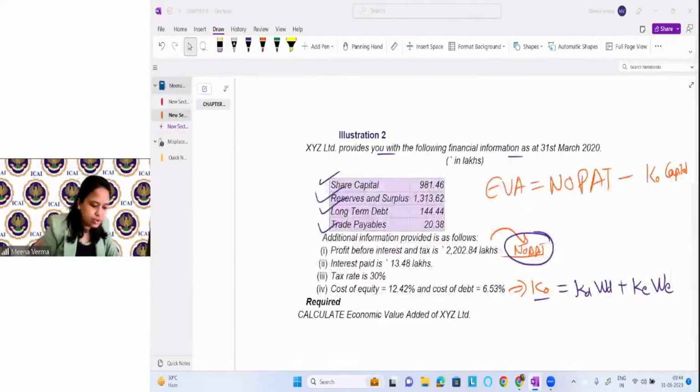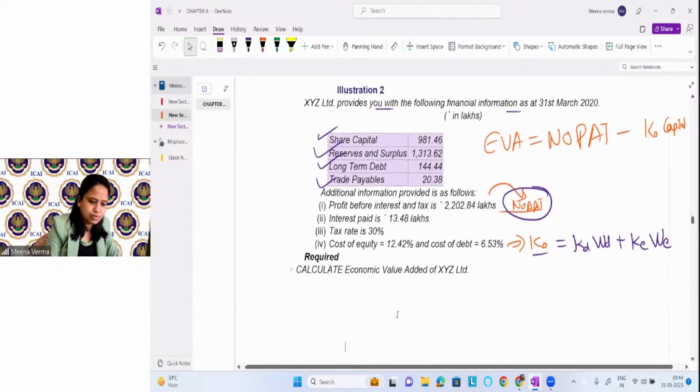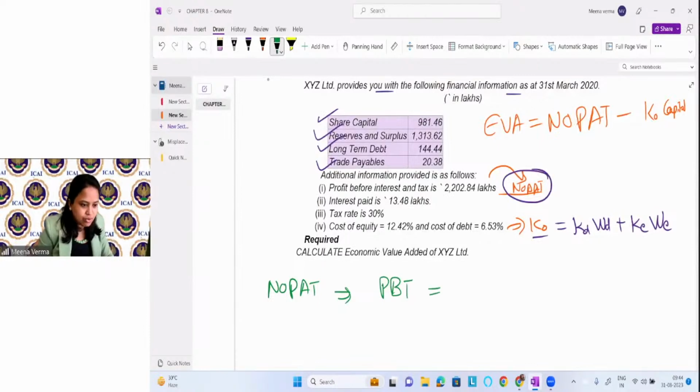So how will you find, what do you have to find here? Net operating profit. So what do you have to find here? Net operating profit after tax. How will you find it? First, consider the profit before tax. What is it? Profit before tax of the company is rupees 2202.84 lakh.